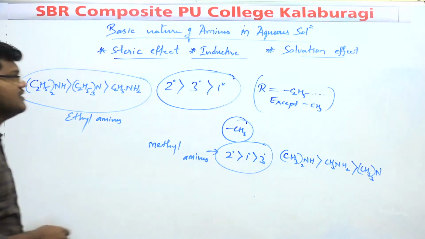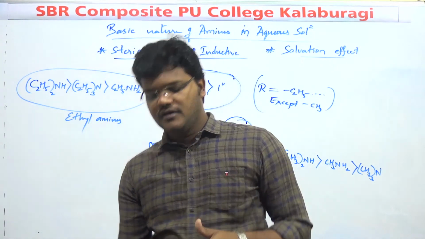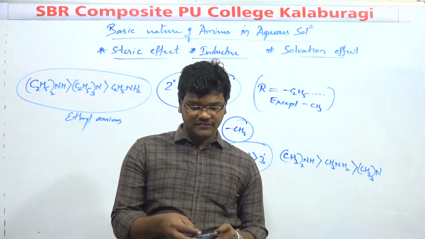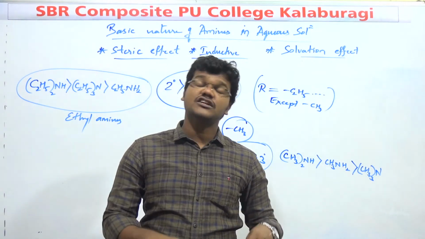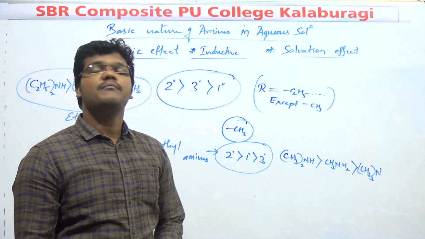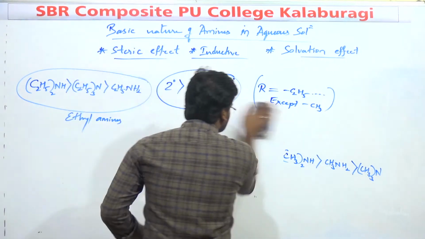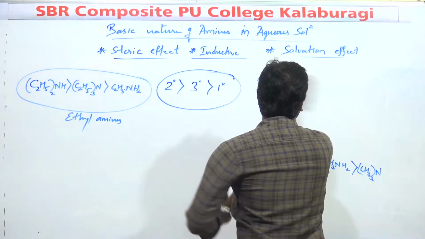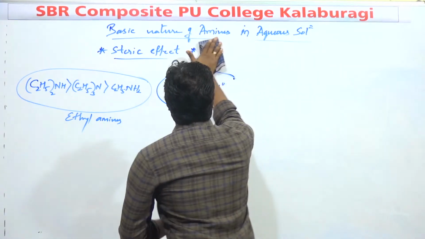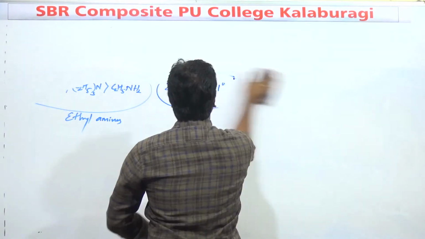After this, we need to go for some reactions shown by amines. The first one is the reaction of amines with acids. So let us go for that. Here it was the basic nature.